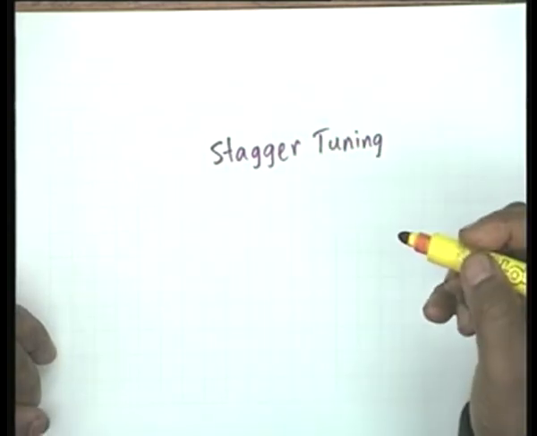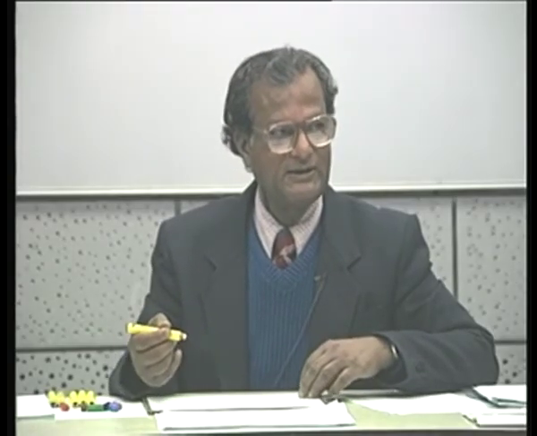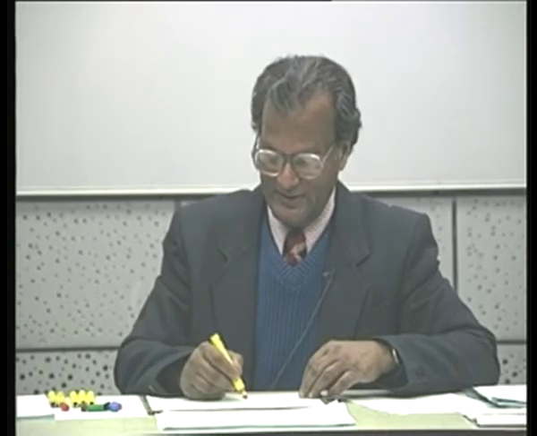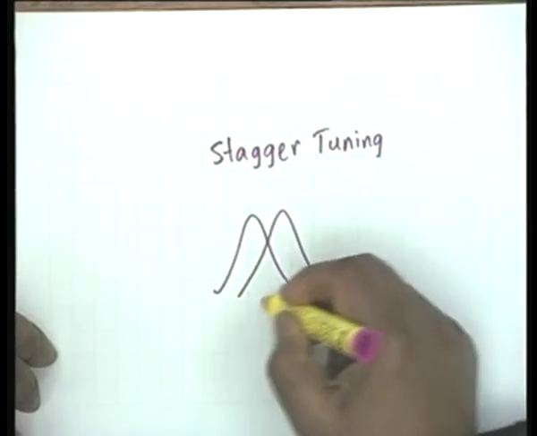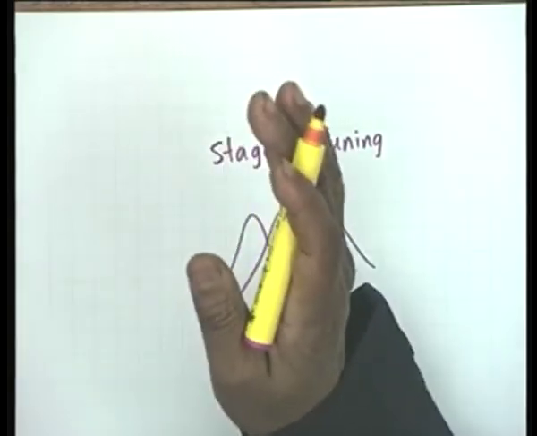That is, the tuning of the individual circuits is staggered. The resonance frequencies are staggered: omega 1, omega 2, omega 3, and so on. They are staggered one after another, but close to each other.